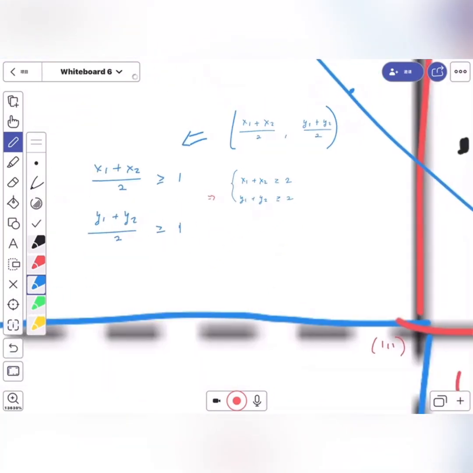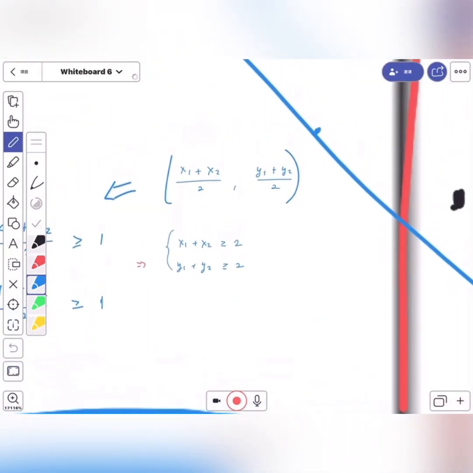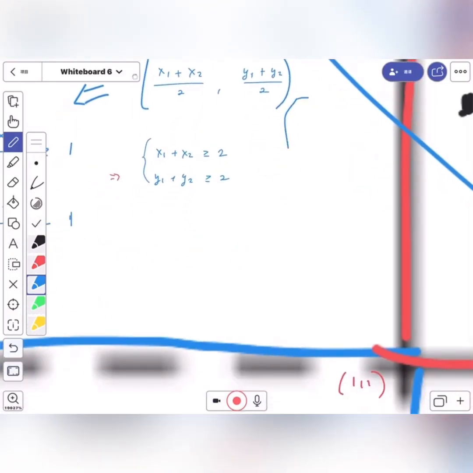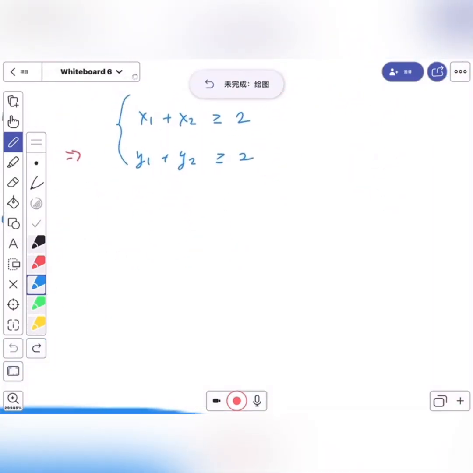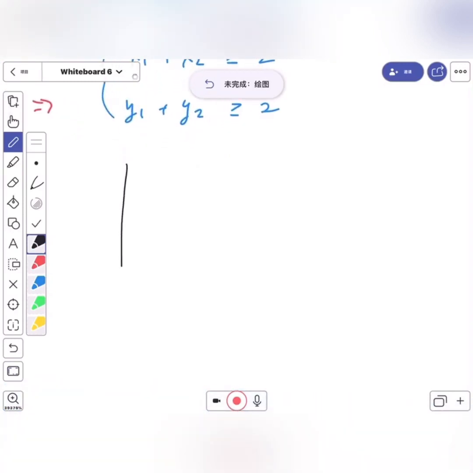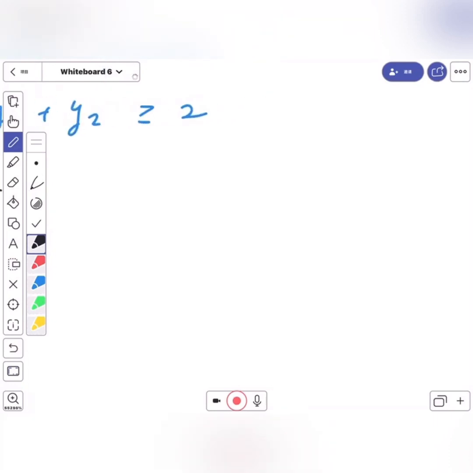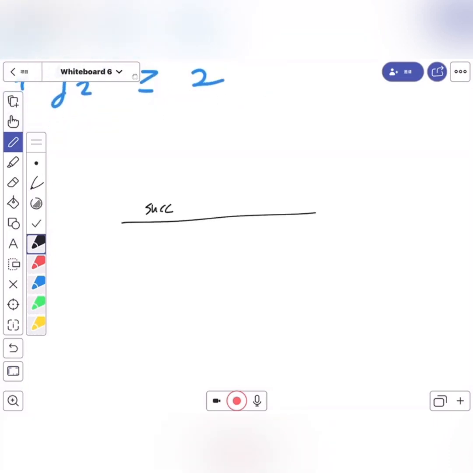So now, these are equations of 2 lines, so this makes us think of coordinate geometry, specifically geometric probability. Basically, we find the probability by doing the successful region over the total region.